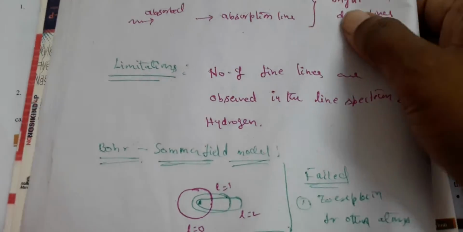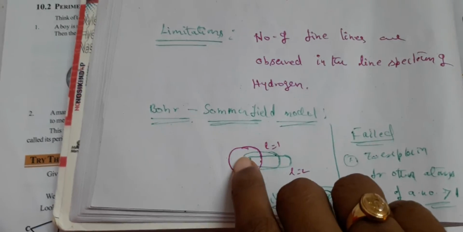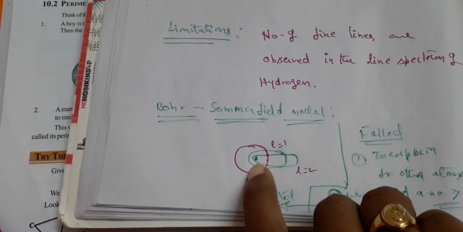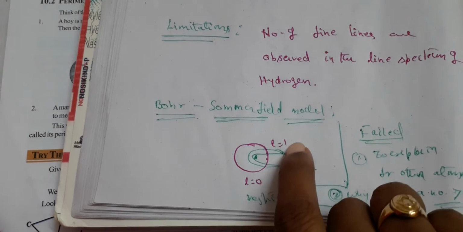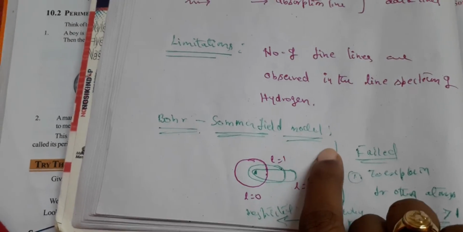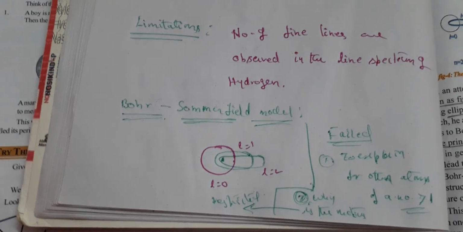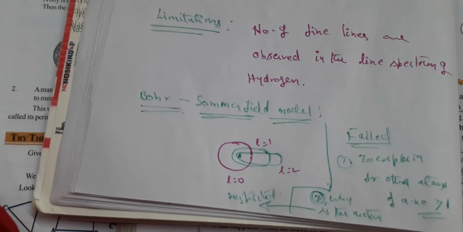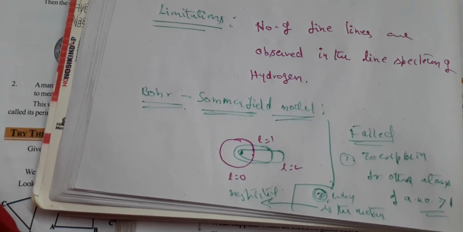So he said that instead of keeping the orbits as spherical, he gave the next orbits as elliptical. He added one elliptical orbit in one shell, two orbits in the next one, and then three orbits in the next. So he increased the number of elliptical orbits in place of one spherical orbit.